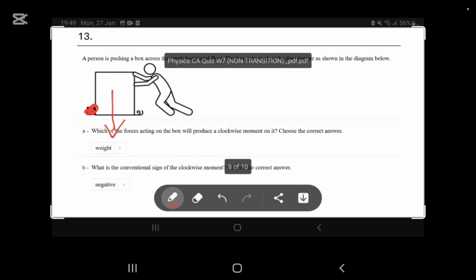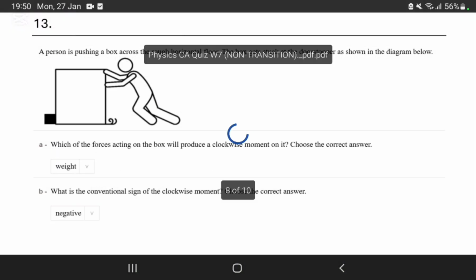Try doing this with a phone or a pen or anything, and you'll realize that it's moving clockwise. And as I've said many times, and I'll continue saying it, whenever it's clockwise, the torque will be negative. That's it.